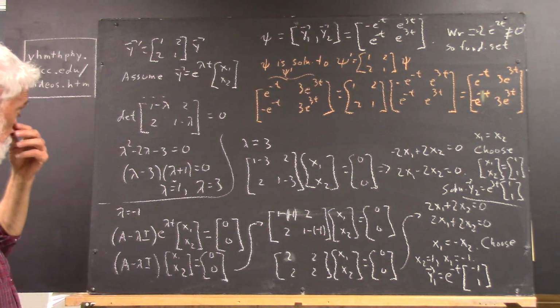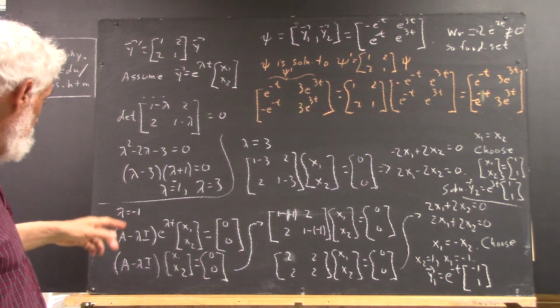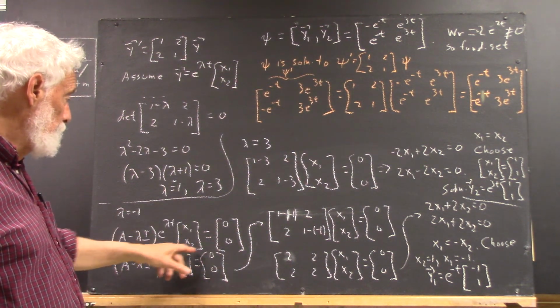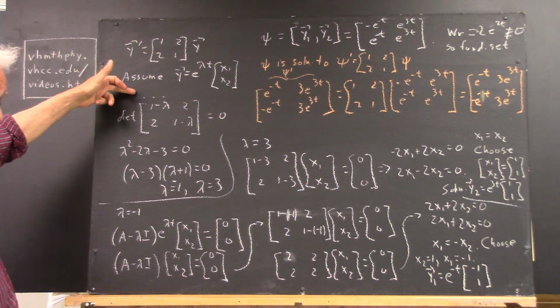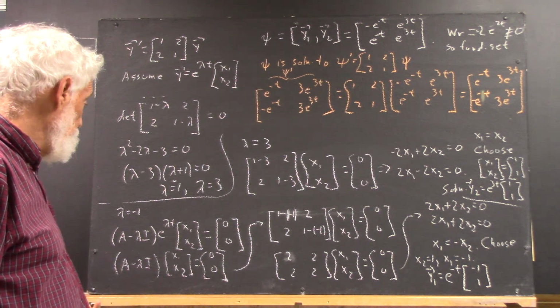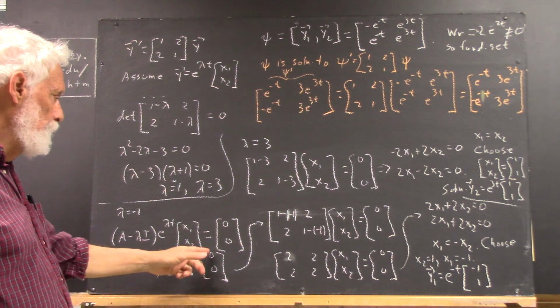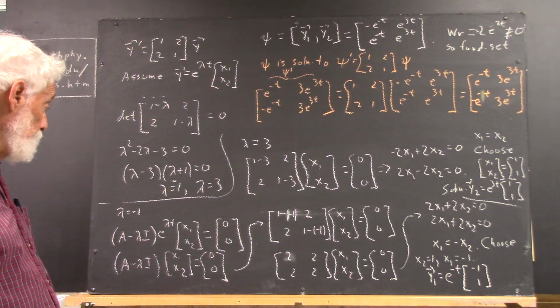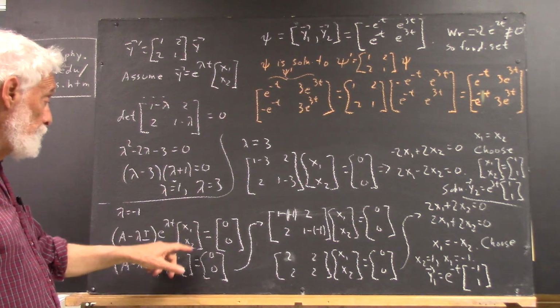Lambda equals -1 eigenvalue corresponds then to (A minus lambda I) e to the lambda t x1, x2 equals the 0 vector. And again, that's part of what's in the dots here. But that tells us that A minus lambda I times the x1, x2 vector has to equal 0, 0. We don't need the e to the lambda t in order to find our x1, x2.